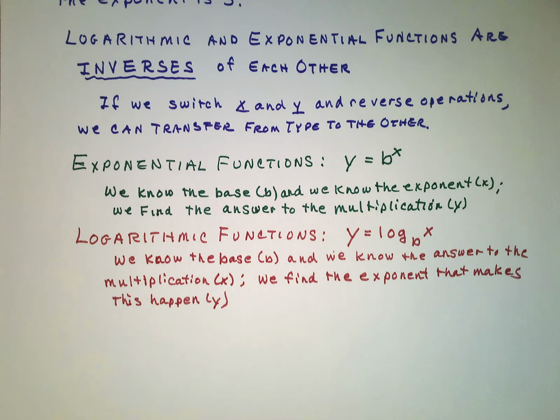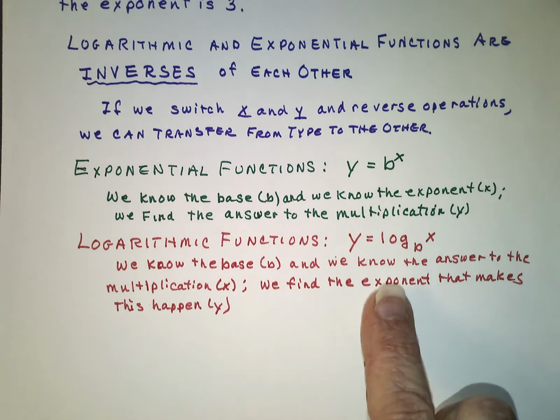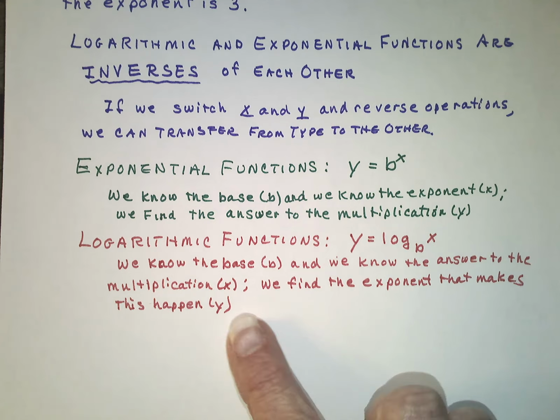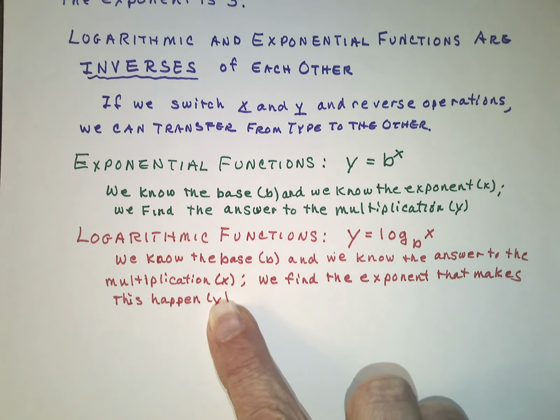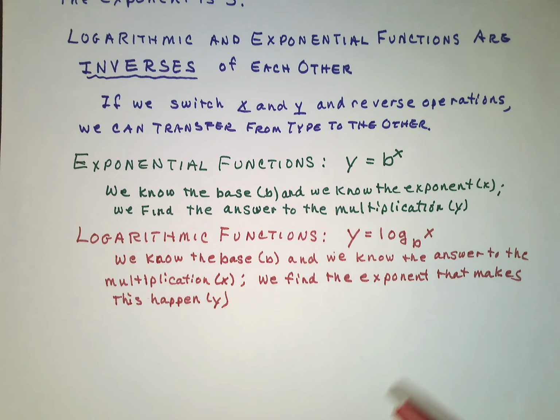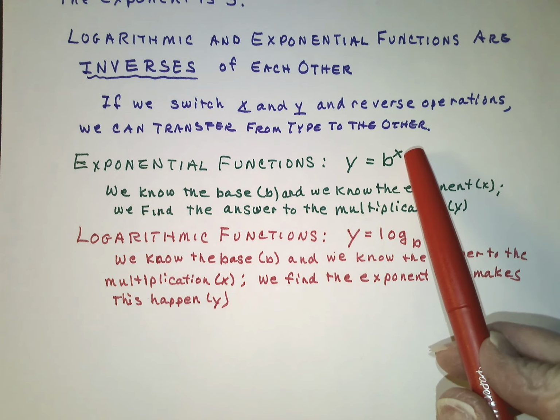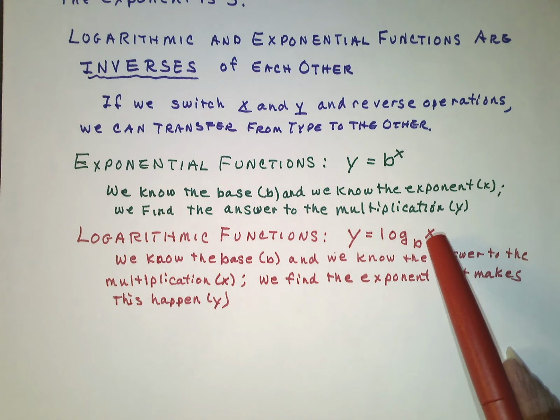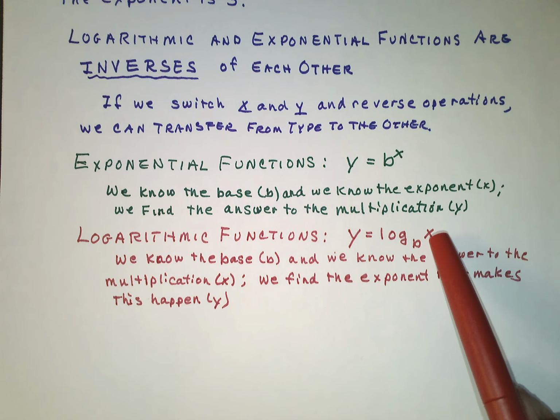So the logarithmic functions, we have that y equals log base b of x. We know the base, that's still called b, and we know the answer to the multiplication, which is called x now. X isn't the exponent anymore. X is the answer to the multiplication.